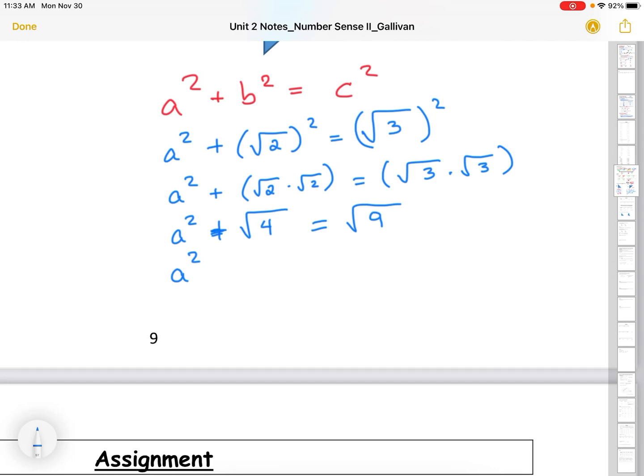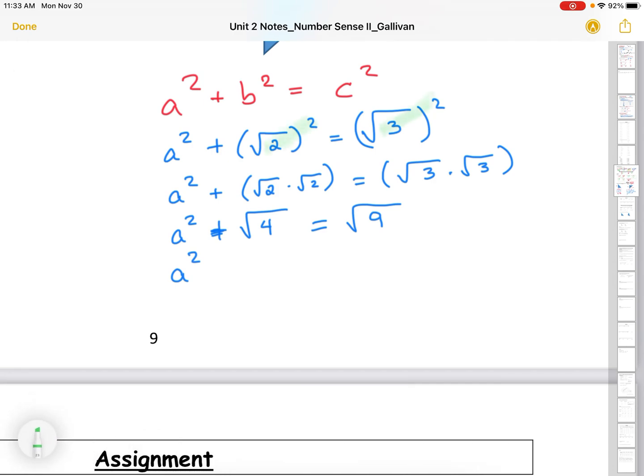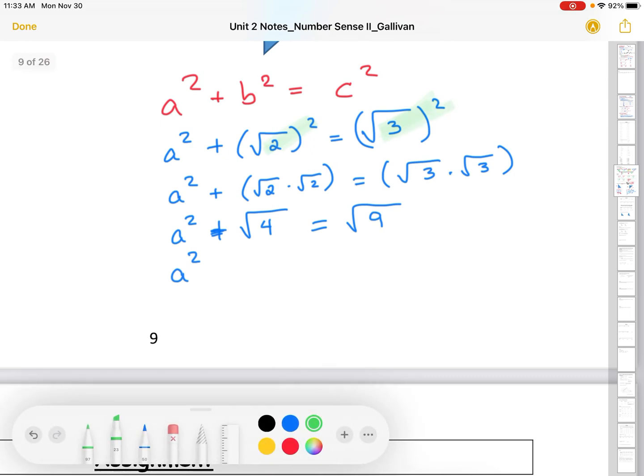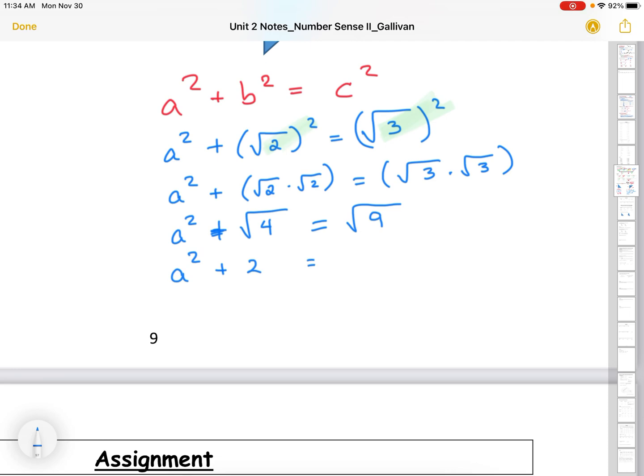Now, I didn't have to do all this. I can just look at the fact that this is squared and it's under a root, and I can skip to the next step. This is plus 2, and this is 3, right? Because the square root of 4 is 2, the square root of 9 is 3.